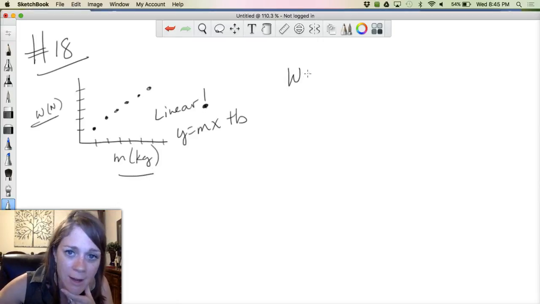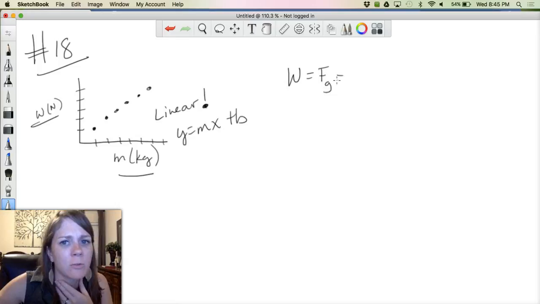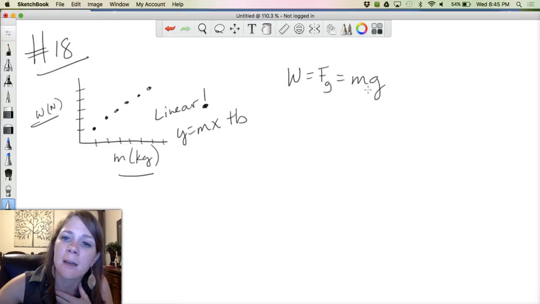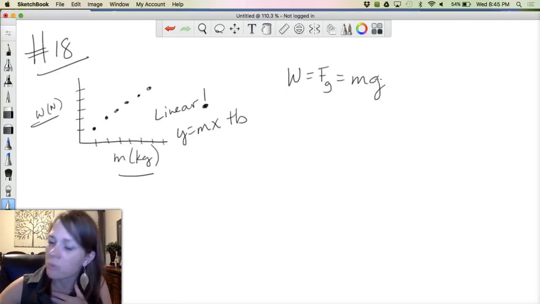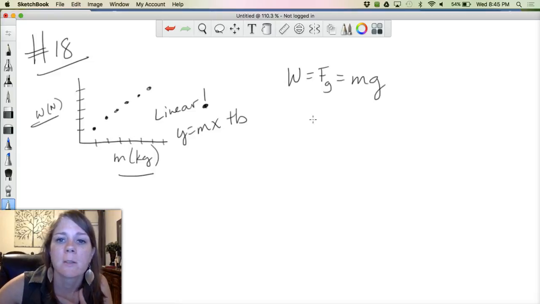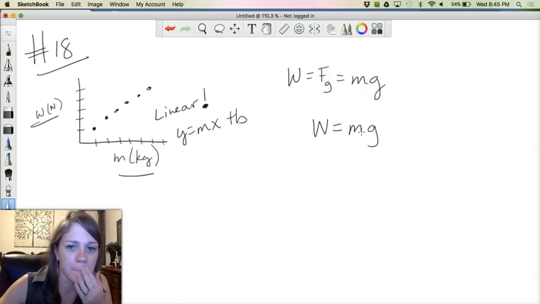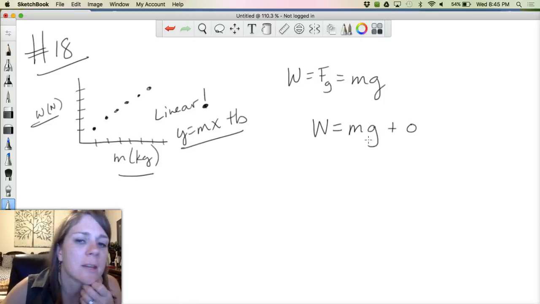Absolutely I do. I know that weight force is simply the gravitational force, which is equal to mass times the acceleration due to gravity, mg. So weight equals mg. If I compare this to y equals mx plus b, this would be plus 0. There's no plus b in this scenario.